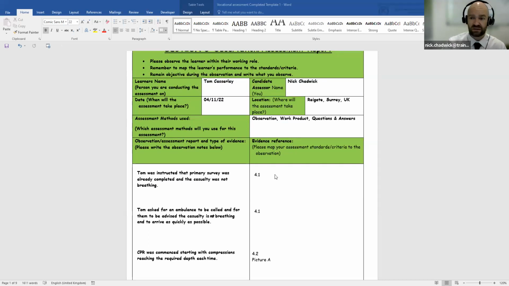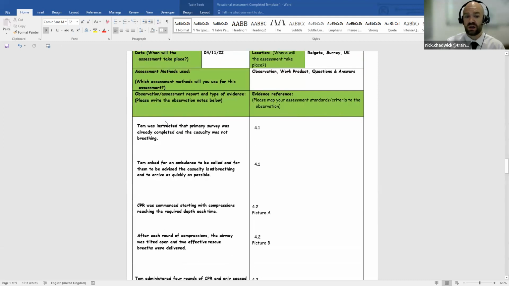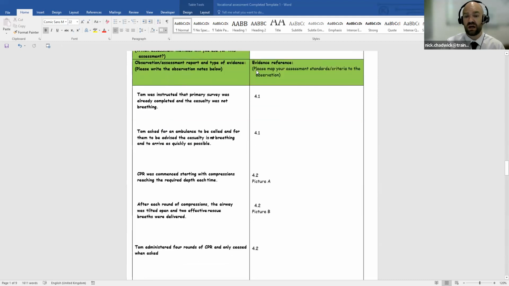So regardless of how the learner performs, you need to write what you see and try to map what you see against your criteria. Just a few things before we look into the observation report. Please do include the learner name, the candidate name, the date, the location, the assessment methods to be used, the observation, and also the evidence reference as well.